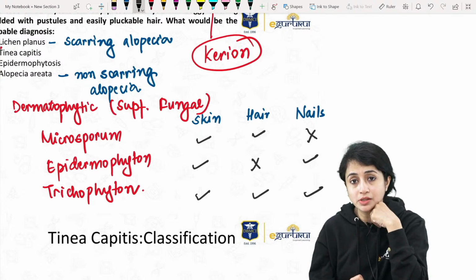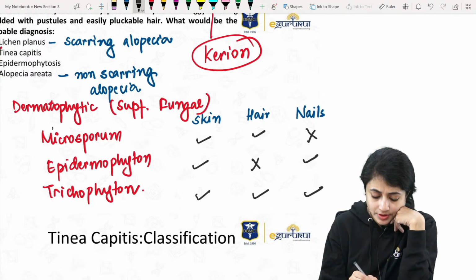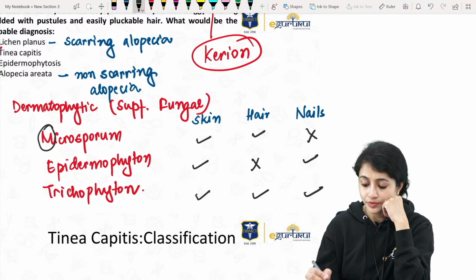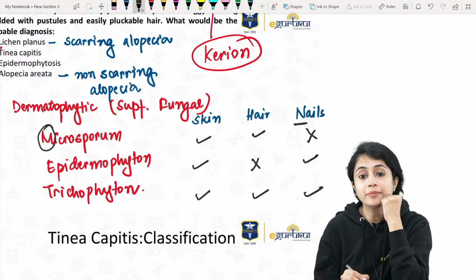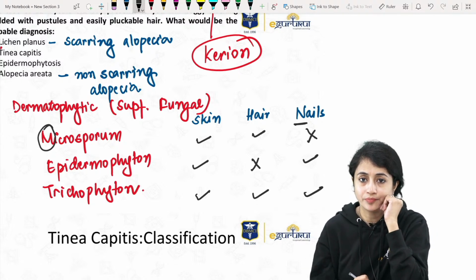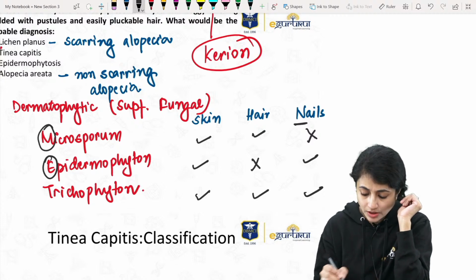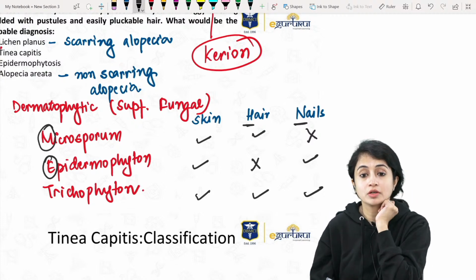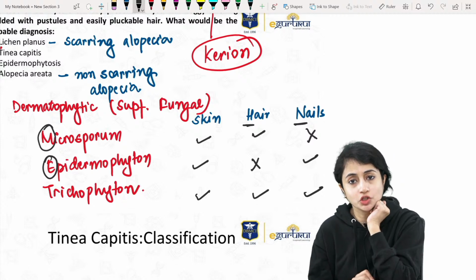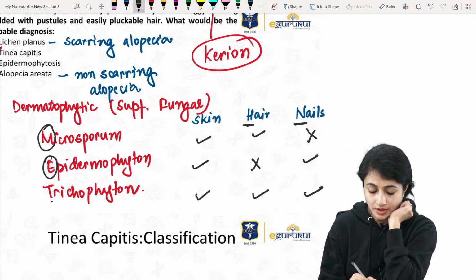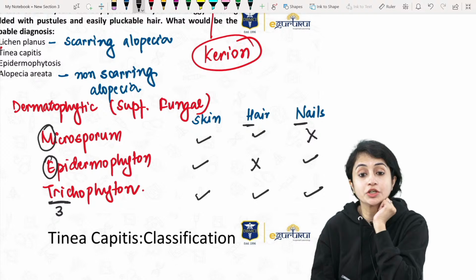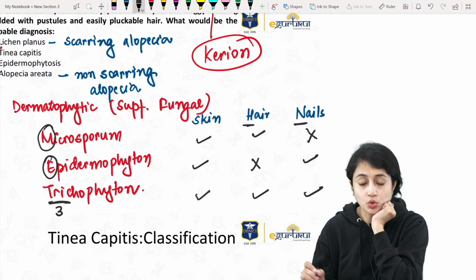How do I remember this? See, this is M, this is N. M does not affect N. This is E, this is H. E does not affect H. This is tri. Tri means 3. It affects all 3.